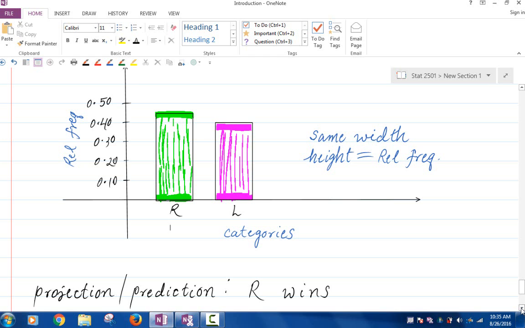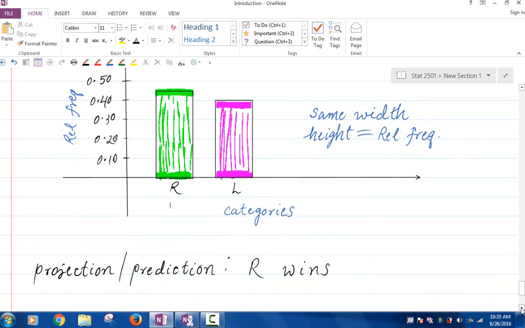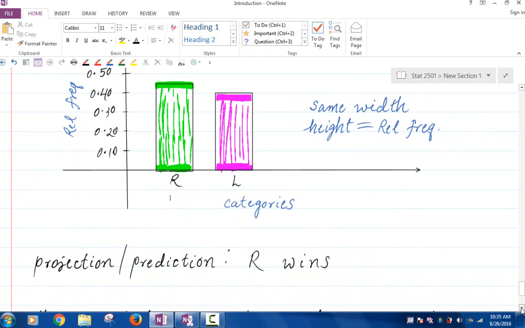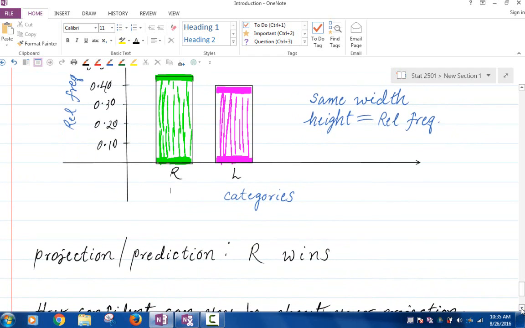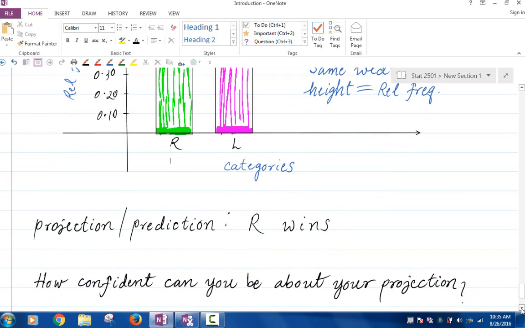Now based on your sample calculations, you want to be able to project or predict something, and obviously no one's going to predict at this point that Lyndon is going to win, but we'll predict that Roosevelt is going to win. However, if somebody just tells you that, should you really believe that?